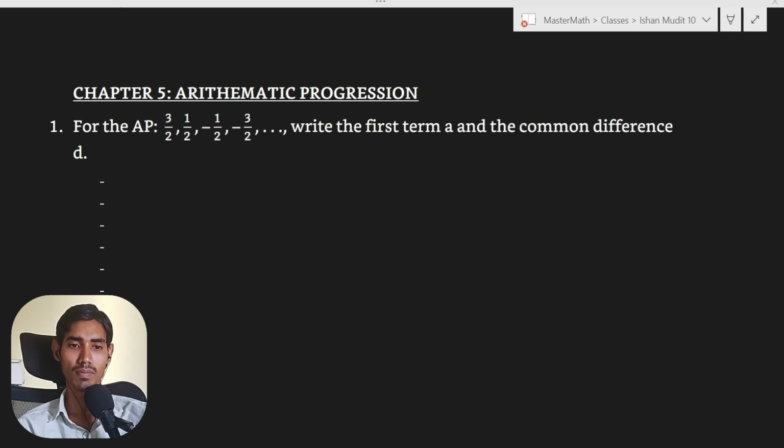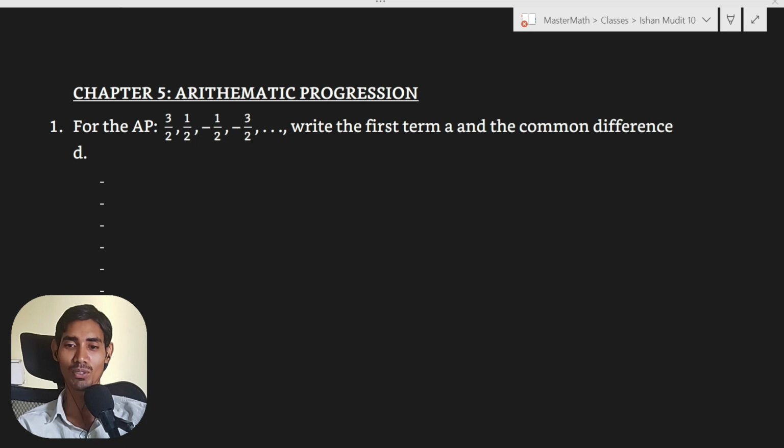Sir, A value is 3 by 2, and then D, that is the common difference, would be 2 by 2, that is 3 by 2 minus 1 by 2. Okay. Is that correct?